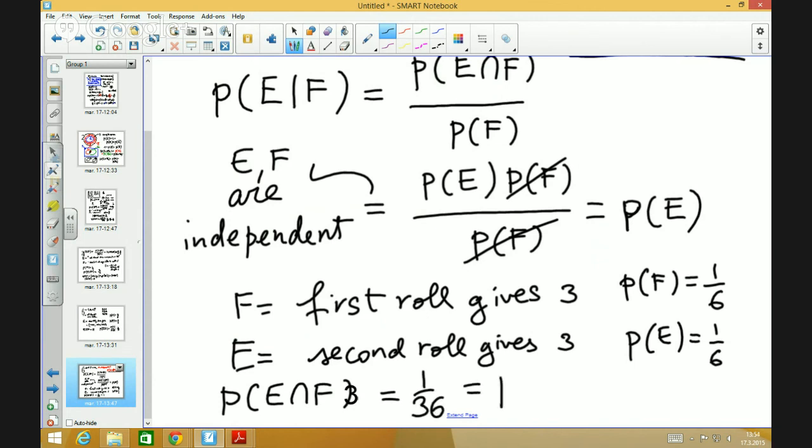Which is exactly the probability of getting a 3 the first time times the probability of getting a 3 the second time. So the mathematics tells us the same thing that our intuition tells us, namely the two events are independent. Because the probability that they happen together is the product of the probabilities that they happen independently, one after the other.